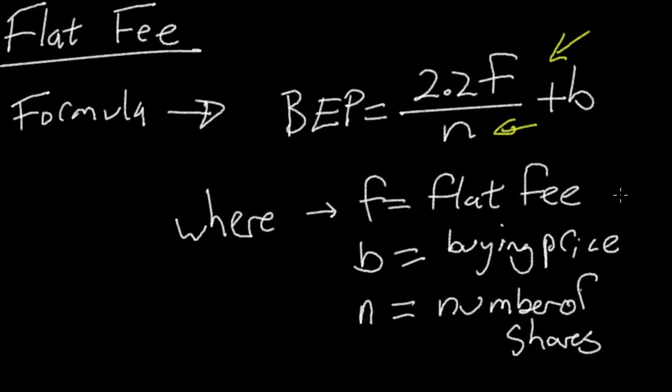F is your flat fee, B is your buying price like you had before, and N is the number of shares. Once again, this 2.2 comes from the fact that you've got 10% GST on the way in, 10% GST on the way out. So let's have a bit of a squiz at a question and then a solution.